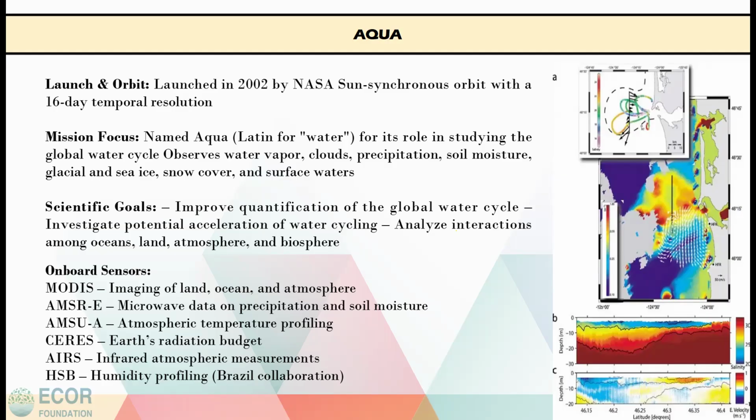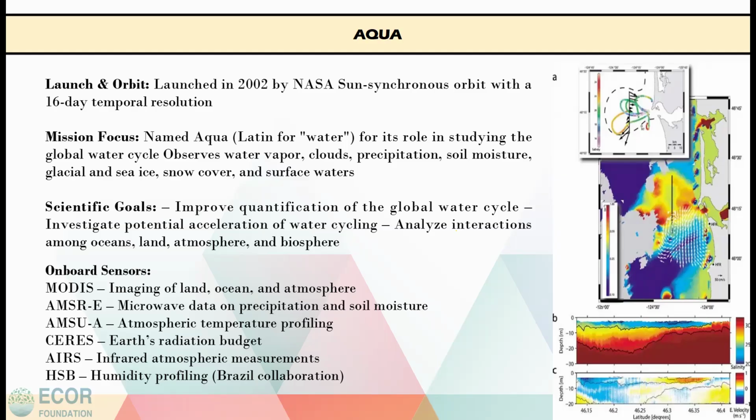The main focus of Aqua is to improve the quantification of the global water cycle, and also to investigate the potential acceleration of water cycling, analyzing the interaction among land, ocean, atmosphere, and biosphere. The sensors are MODIS, which is used for imaging the land, ocean, and atmosphere, and AMSR-E, which gives microwave data for precipitation and soil moisture.